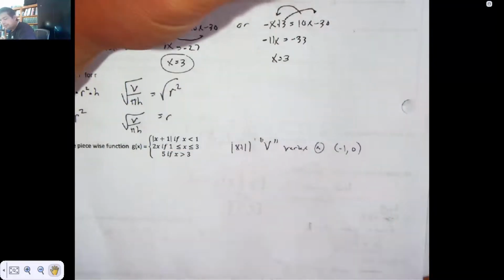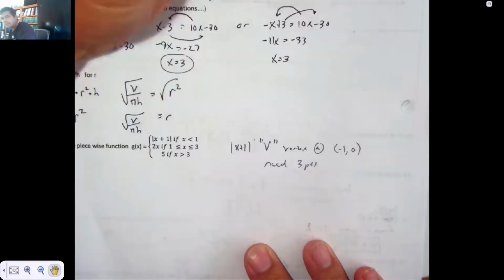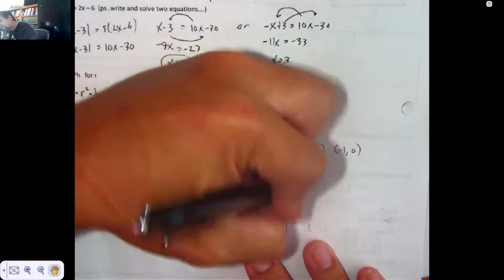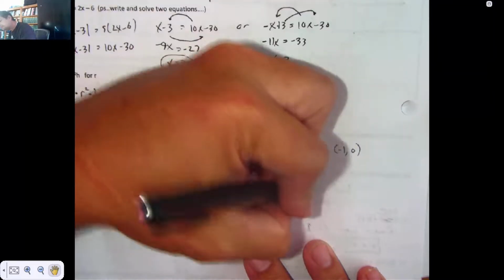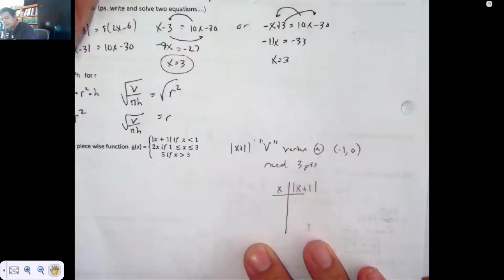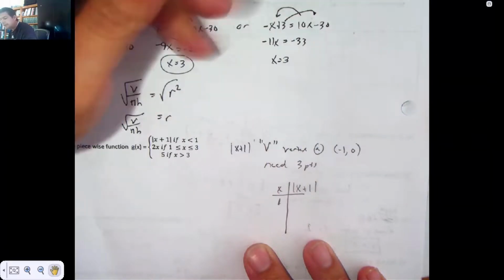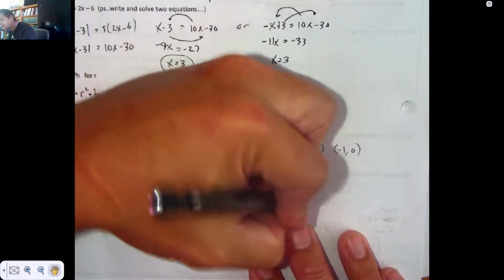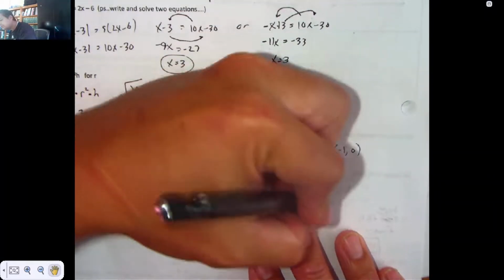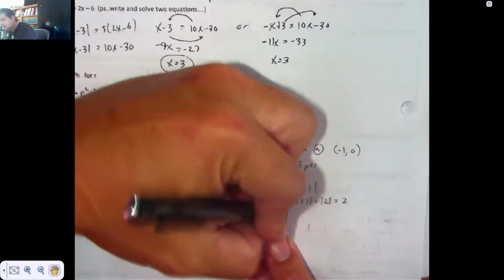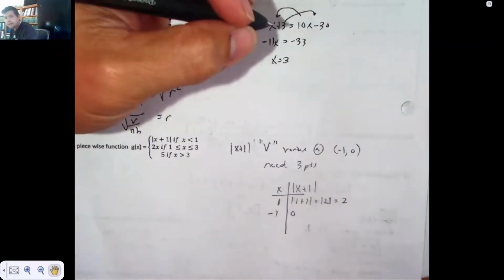I need 3 points to draw a V. All right, so I make my table. I can go ahead and plug this 1 in. I'll just open hole it. If I plug a 1 in, I have the absolute value of 1 plus 1, which is the absolute value of 2, which is 2. I've already got this vertex, -1, 0. I already figured that out.